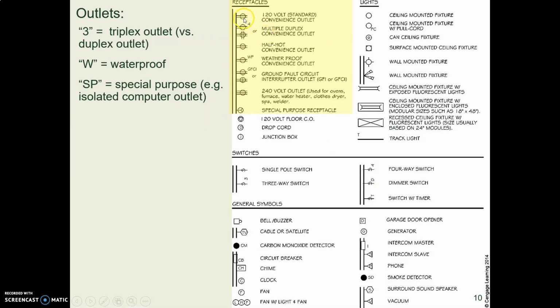Outlets, which have receptacles on them, have two parallel lines, as you can see, and then a circle centered over those parallel lines. A plain outlet, a plain receptacle, is two parallel lines with a circle. That's all. There are some other fancy things here, like here's a GFCI symbol.